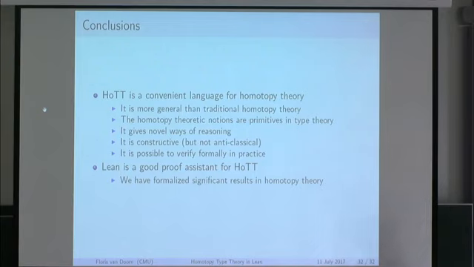Many of the theorems I showed in homotopy theory which are formalized in Lean are very hard to formalize traditionally using set theory as foundation. The second conclusion is that Lean is a good proof assistant for doing homotopy type theory, and one sign of that is that we've formalized a significant portion of homotopy theory in Lean. So thank you very much.